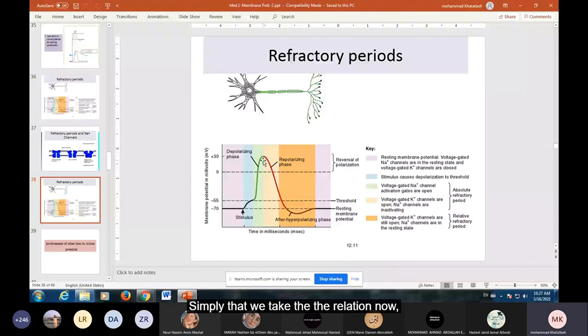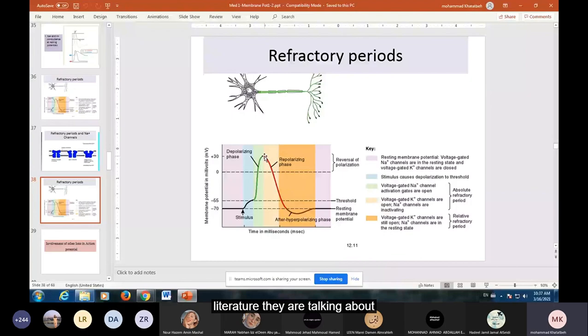Simply that way, take the relation. Now, from which point to which point does the refractory period start? Simply, we are starting from the threshold, and ending with the absolute. In some literature, they say at the tip of the action potential.